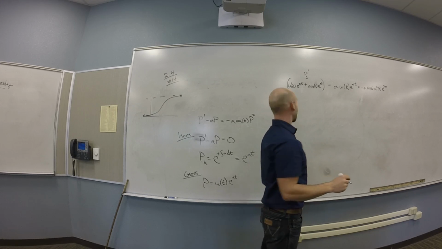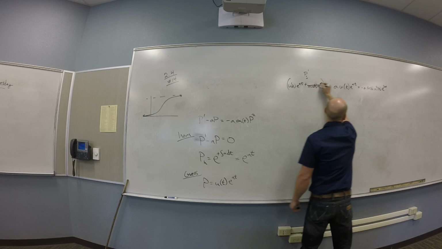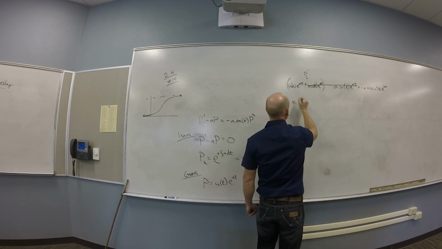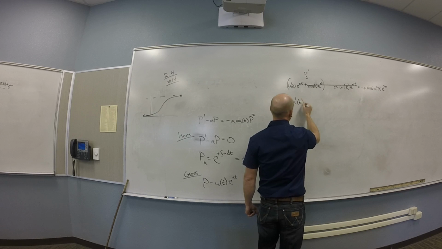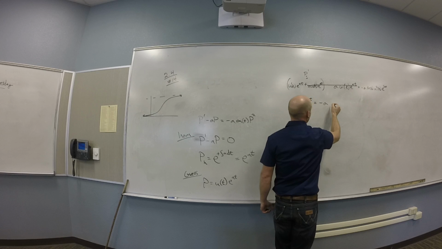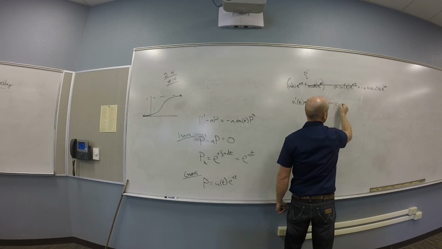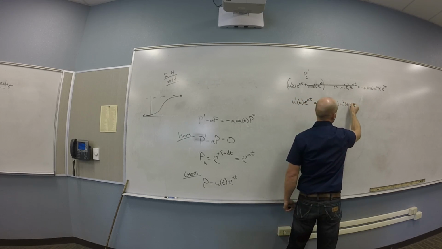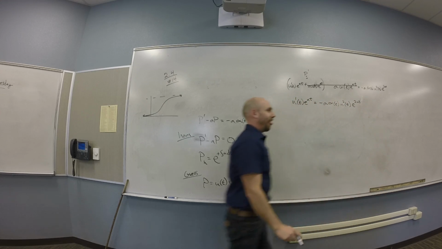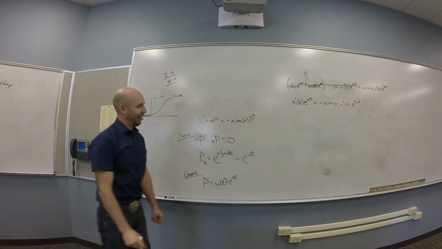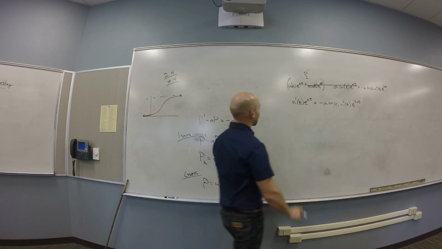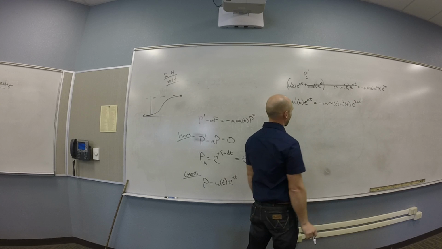And everything cancels per usual, so that stuff drops off. So you got u prime of t e to the at is minus a alpha of t u squared of t e to the 2at.